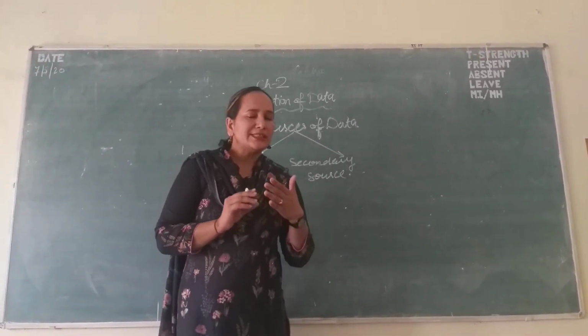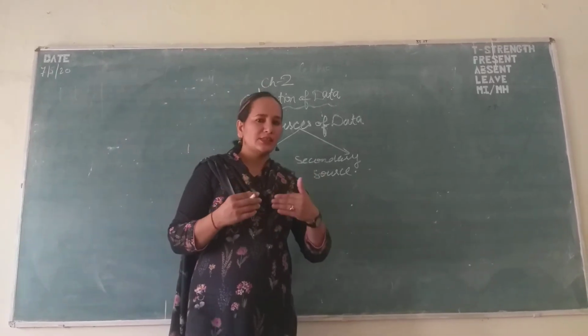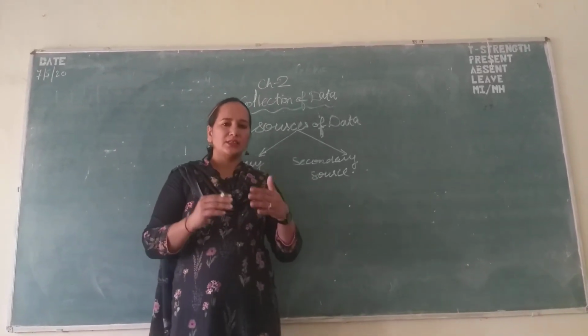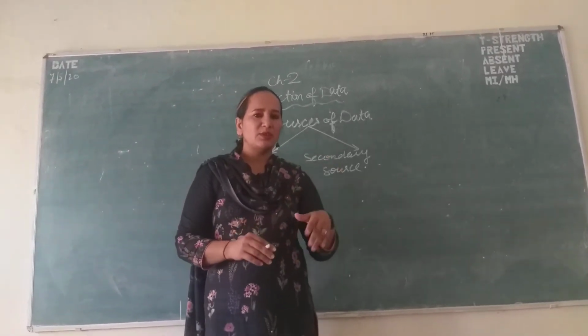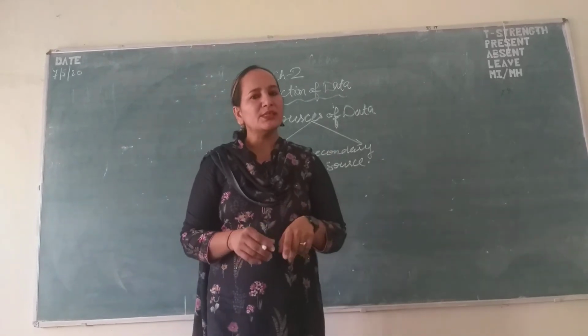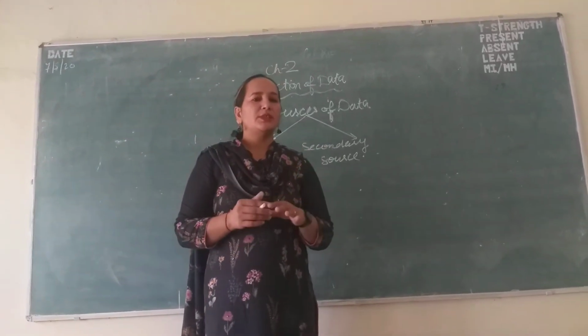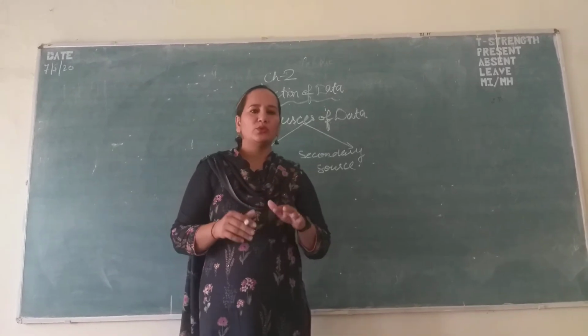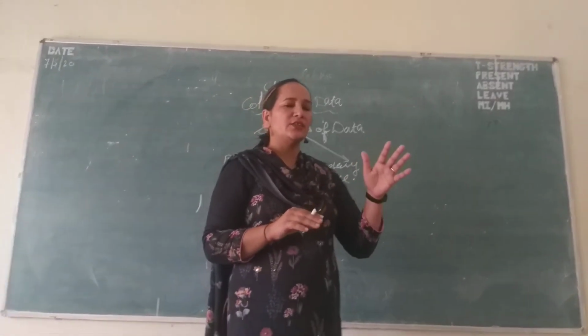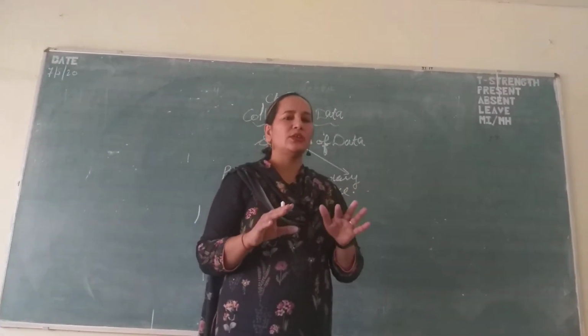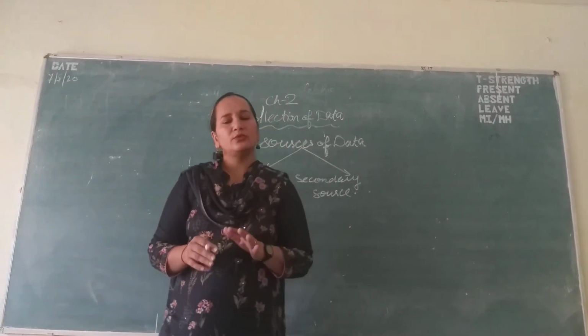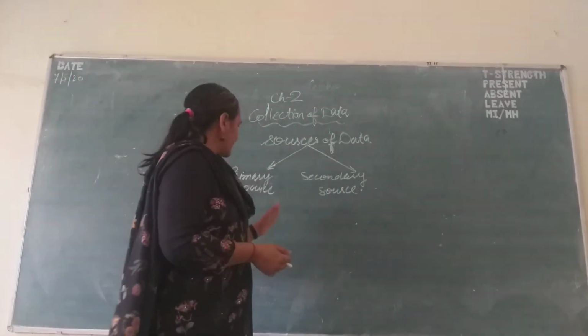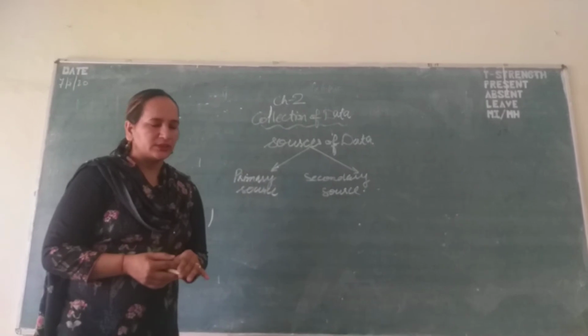If the test is prepared by me, conducted by me, checked by me, whatever the numbers I will get, on the basis of that, I will come to know how many students are of higher IQ, more than 100, 90 to 100, 100 to 110. That is called primary source.